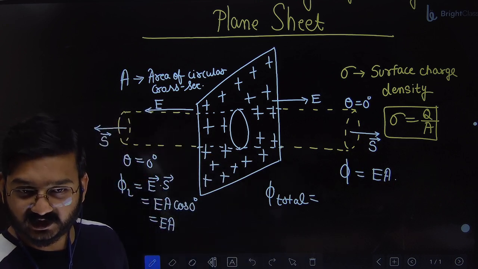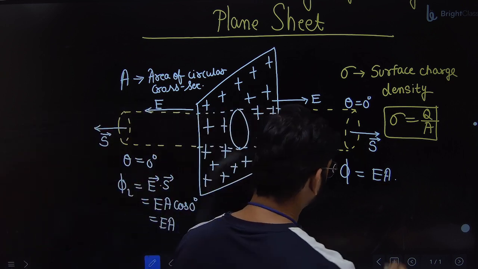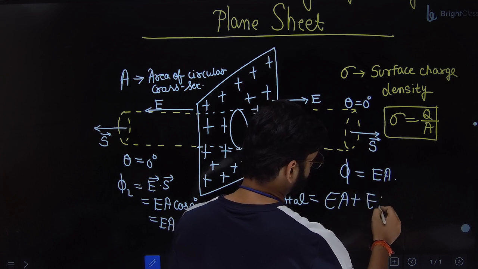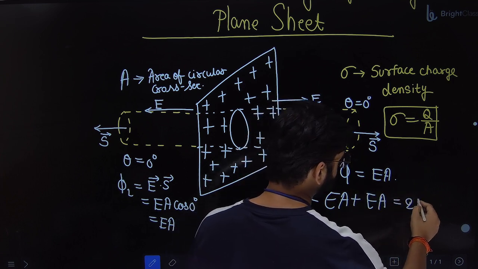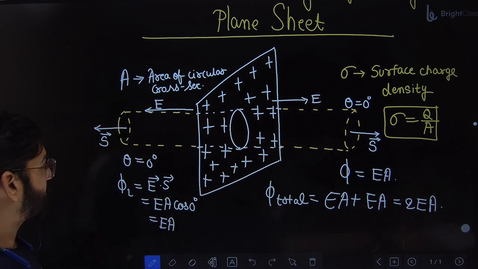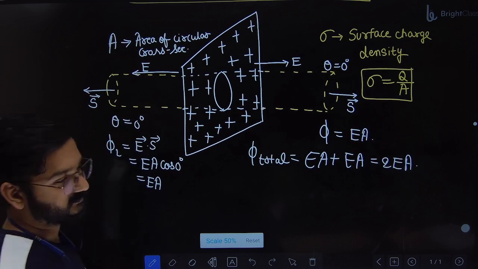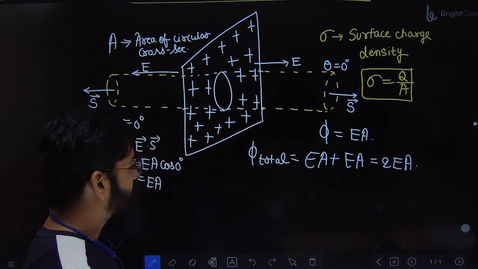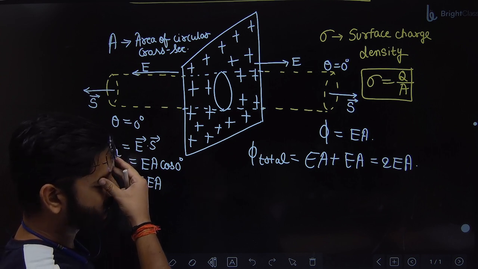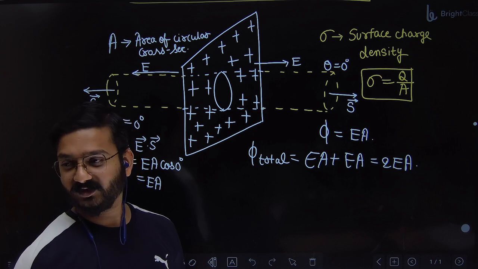So we don't see the direction. Whatever is the magnitude, we directly add. So it will be EA plus EA. What will be the total flux? 2EA. Don't write 0. And you can take negative also.